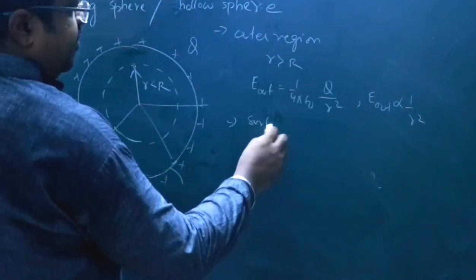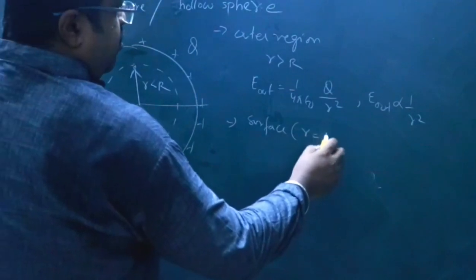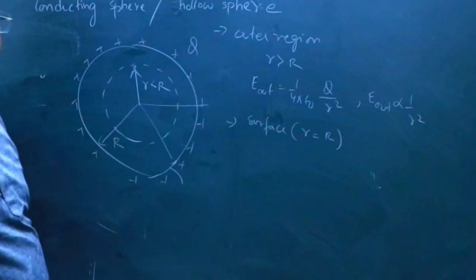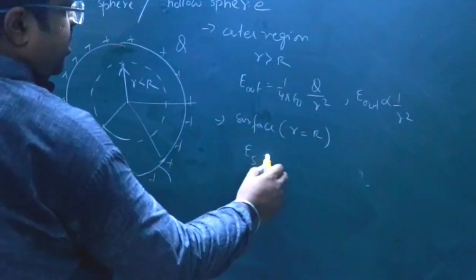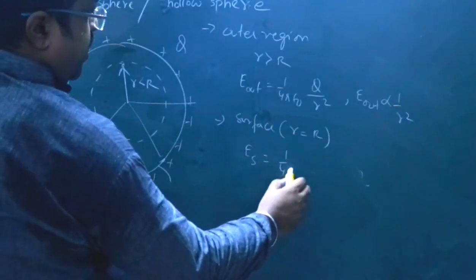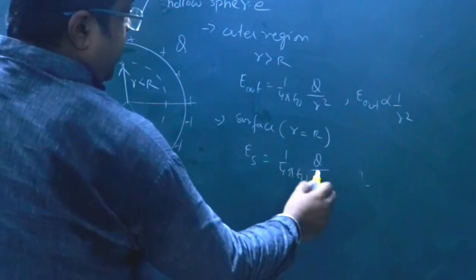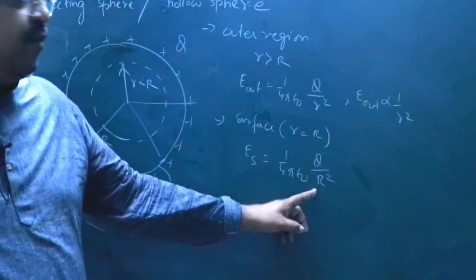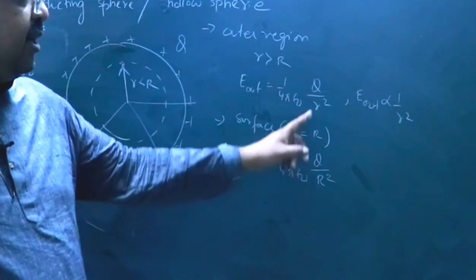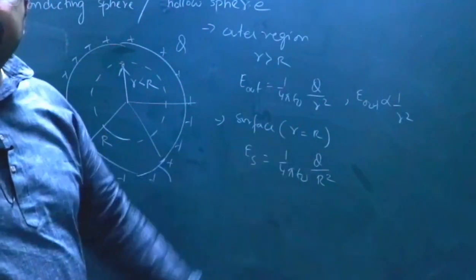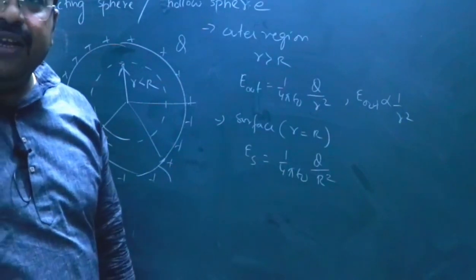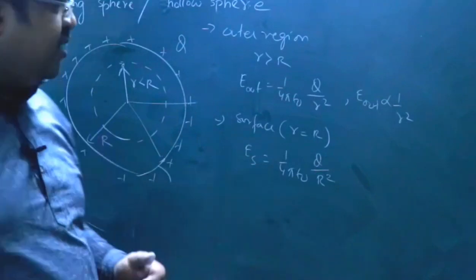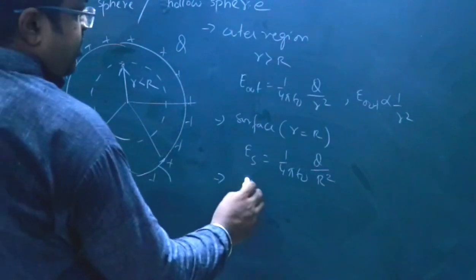Now on the surface, that is r equal to R, we have E surface equal to 1 by 4 pi epsilon naught Q by capital R square. Now this r is greater than this R, so obviously this electric field will be less than this electric field. On the surface you have maximum electric field, and outside the surface as you move, the value of electric field gradually decreases.